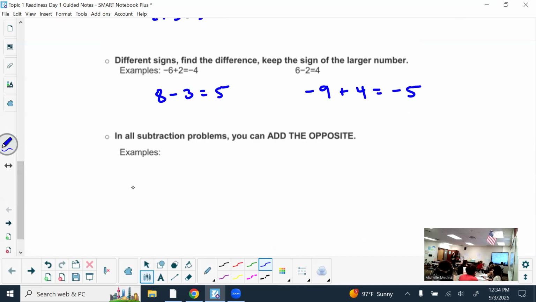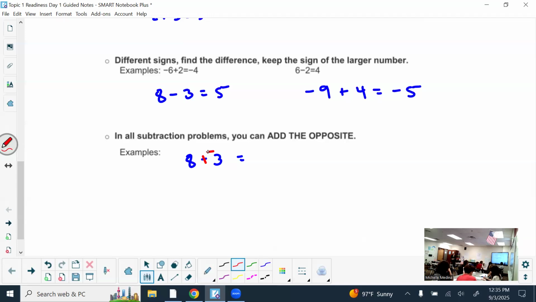All right, now in any subtraction problem, no matter what it is, you can add the opposite. So let's take this one for a second, which is really easy. You probably don't even need to think about it too hard. But this is what I mean by add the opposite. Any subtraction problem, you can change the subtraction to addition and make whatever this sign is the opposite.